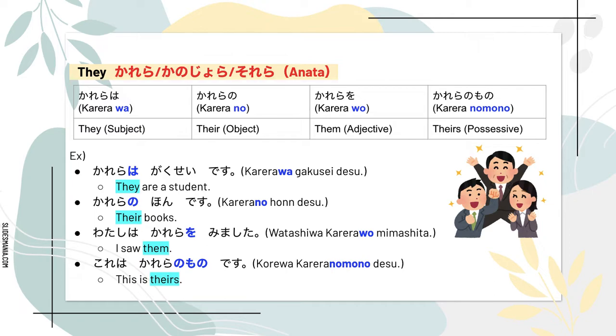The first example says, "they are students." From the previous patterns, they would be the subject. So in Japanese, we say 彼らは学生です。 The next one says "their books."